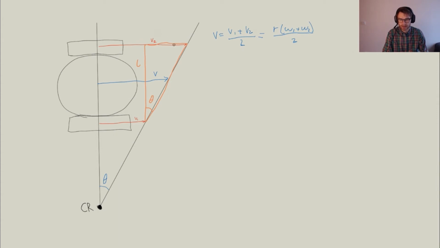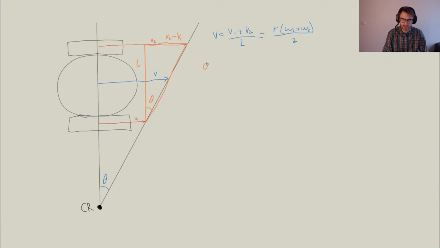And then we have this part over here, which, if you think of them as vectors, is the difference between v2 and v1. This is v2 minus v1. Then we want to know this angle over here, or actually the angular rate of rotation.